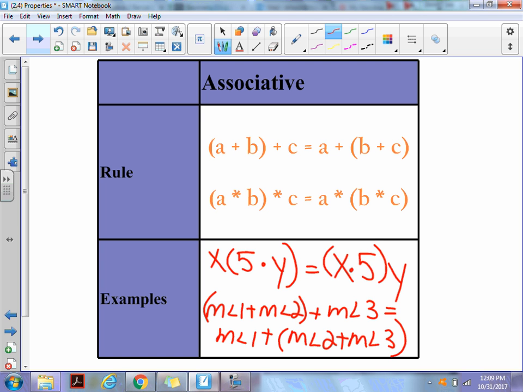So in these examples, all you're switching is the way that it's grouped and who gets added or multiplied first.